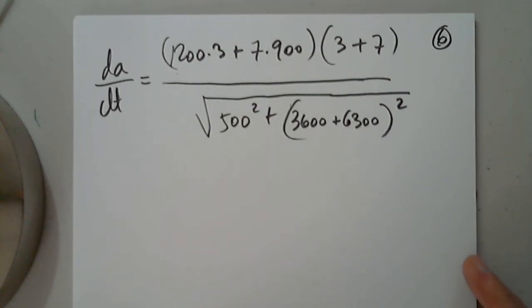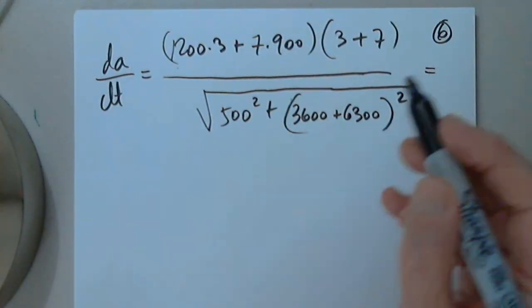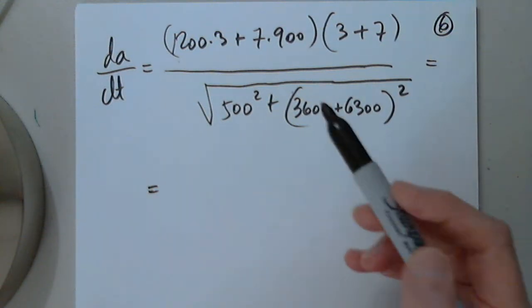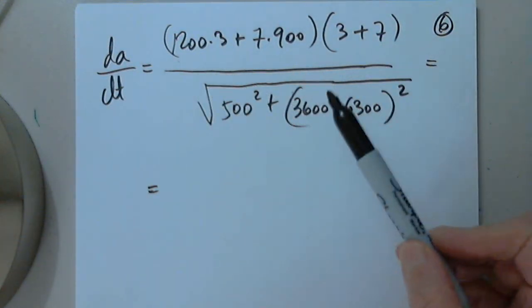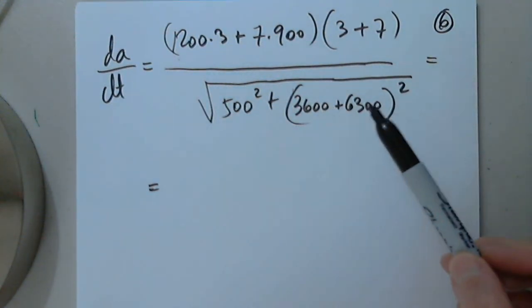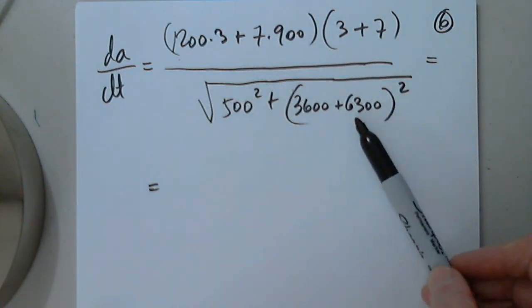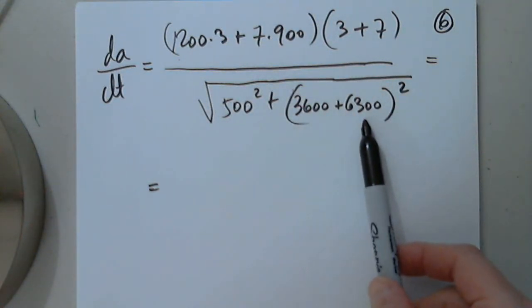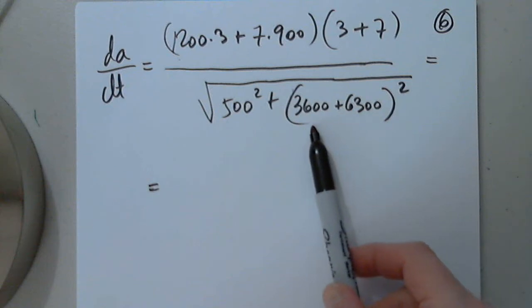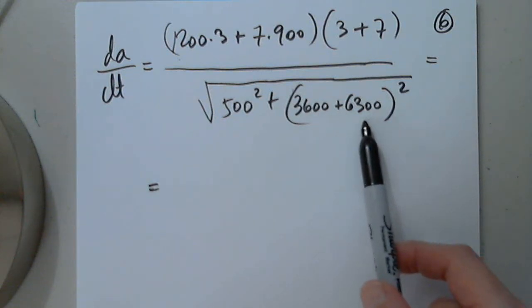Okay, so can I clean it up a little bit before I put in the calculator? So again, check my numbers always. So 3,600, and this is indeed 63. So I think that this is, right, is it 10,000? 36 plus, no, this is 9,900.